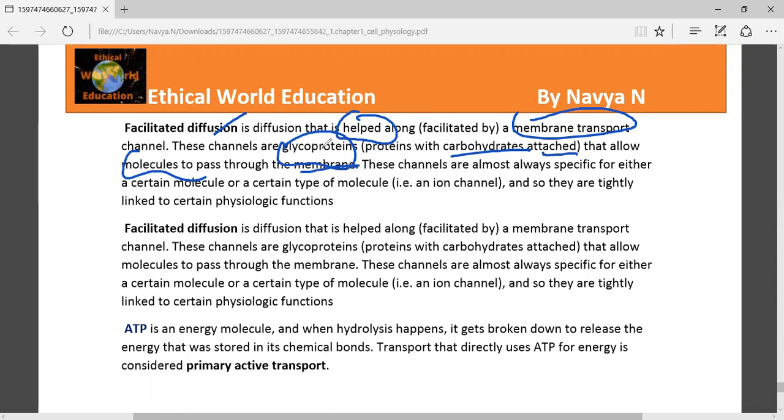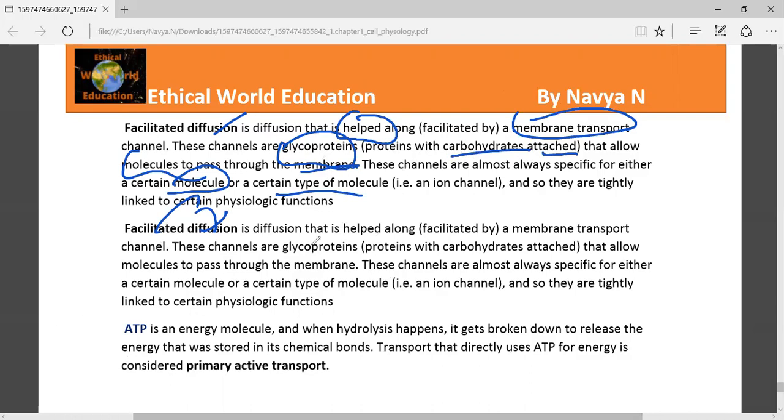These channels are almost always specific, for either certain molecules or a certain type of molecule. This is an ion channel. Facilitated diffusion is diffusion helped by the membrane transport proteins.